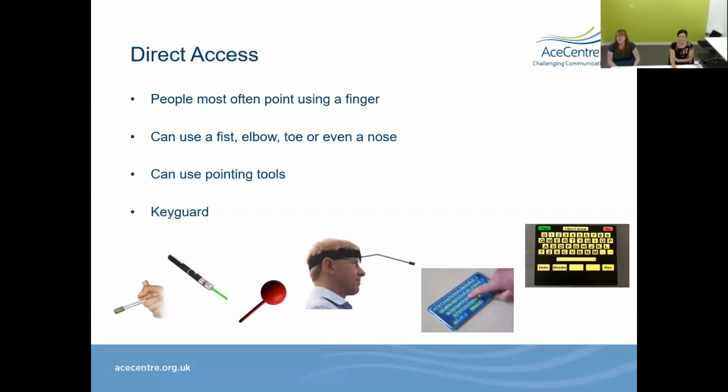Now, by the time that we tend to meet individuals, they may have a progressive condition, and they may have been using direct access, either with a text-to-speech app or with a paper-based alphabet chart, but they're starting to find that a bit difficult. It might be really tiring having to move their hands along the alphabet, or they may find that that physical pointing, that fine motor movement, is becoming more difficult, and they can't isolate a finger.